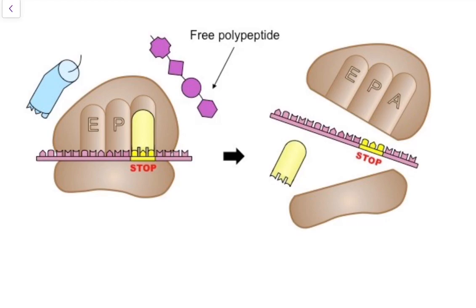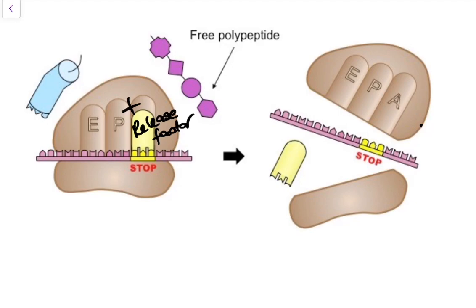What happens when we reach a stop codon is that something called a release factor comes in. So it's not a tRNA. Something which isn't a tRNA, called a release factor, comes and binds into the A site, and that can't make a peptide bond. And this causes, let's see if we can work out what's happened here.